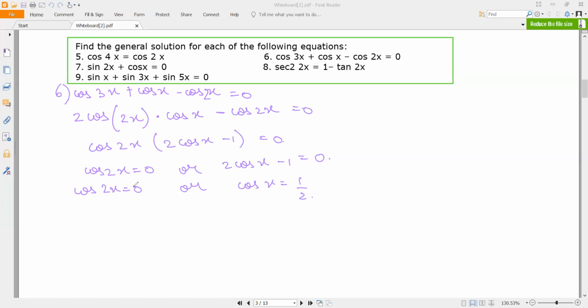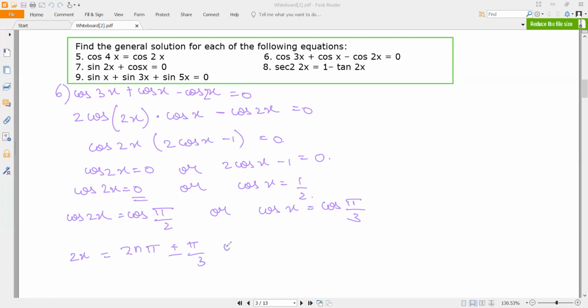Now by equating the values, we have cos 2x is equal to cos pi by 2, or cos x is equal to cos pi by 3. You'll cancel cos on both sides. You write 2x as it is on the left hand side. Right hand side, you consider pi by 2 as y and write it in the general formula of cos, which is 2n pi plus minus y value, which will be considered as pi by 2.